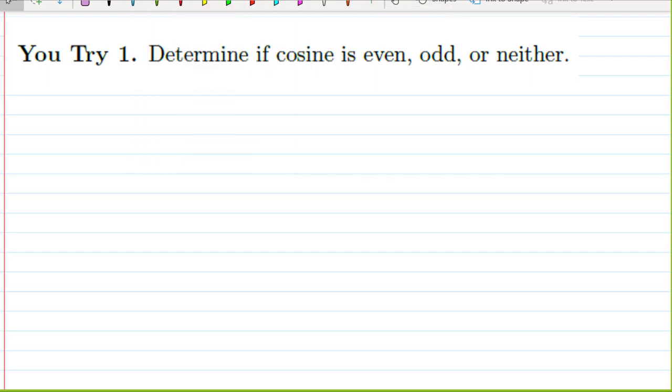All right, we want to determine if cosine is an even, odd, or neither function. So I'm going to draw that same diagram again.